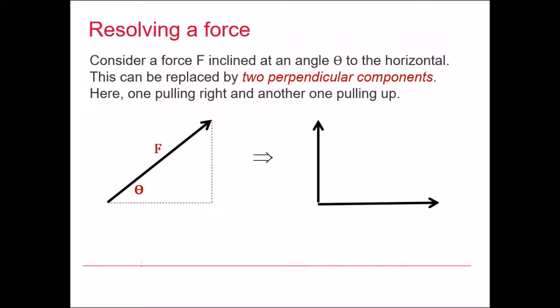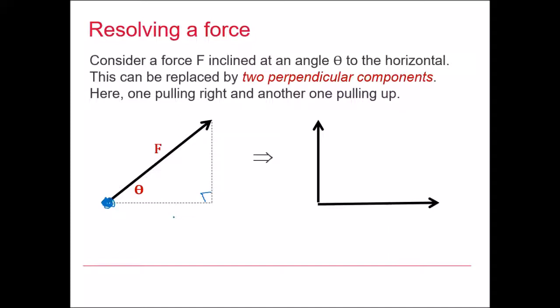When you consider a single force applied to a particle, it's not necessarily at an angle which is very convenient for whatever analysis we may want to make. What we can do is consider that force as a vector is, in terms of its magnitude anyway, a side of a right-angled triangle, one side of which is horizontal and the other vertical.